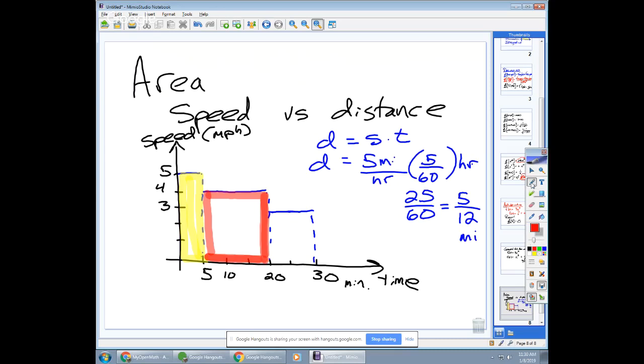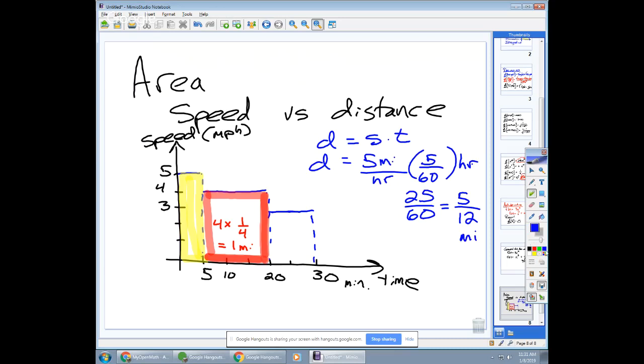So in this red one here, I have 4 miles per hour times 15 minutes, 1/4 of an hour. So that means I've covered 1 mile in that chunk of my adventure.